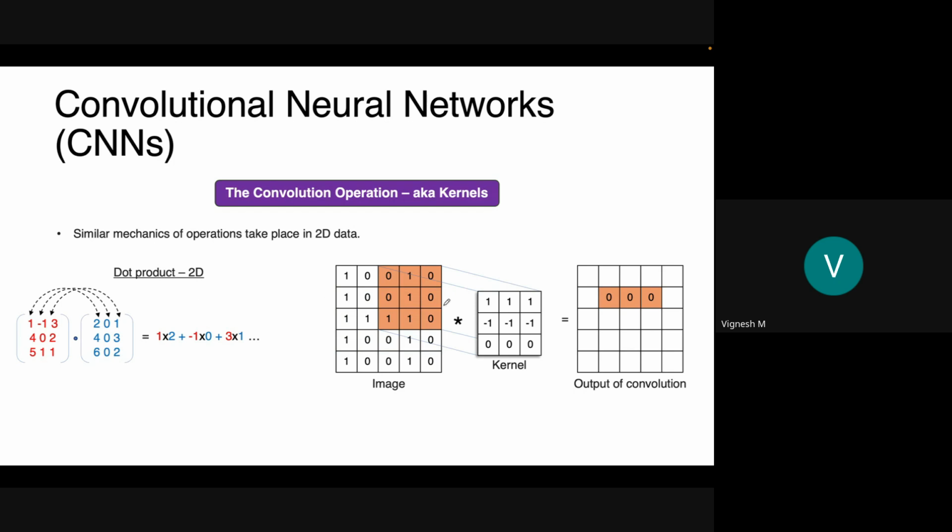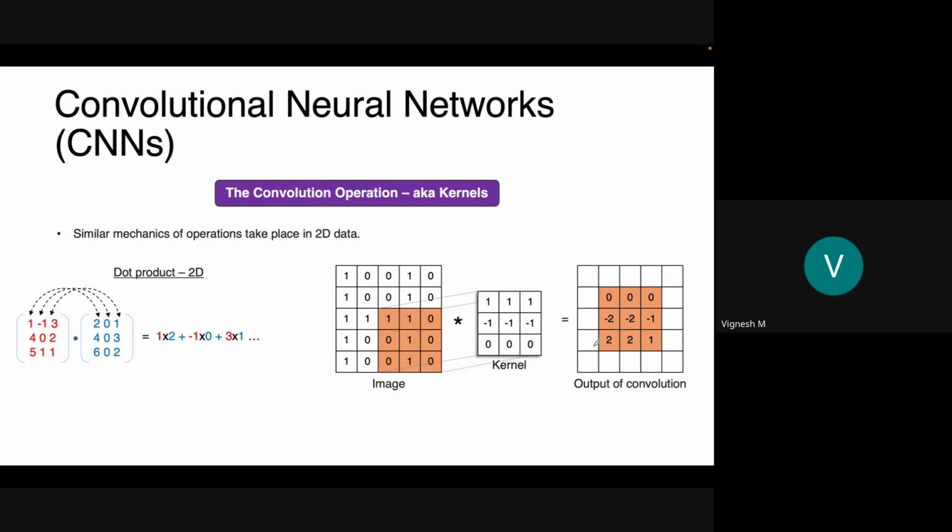Once I reach the end of the image, I bring it down one row and start again from the left point. I slide it in such a way, and this is the output of my convolution in 2D. So in terms of the mechanics, this is how it operates.